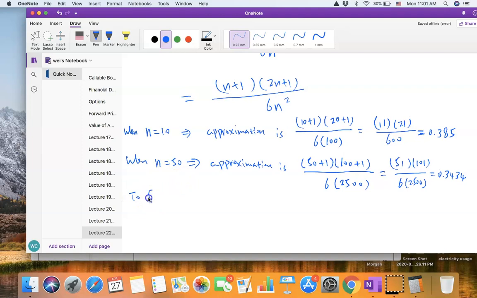So to find the exact area, we want to evaluate this limit.